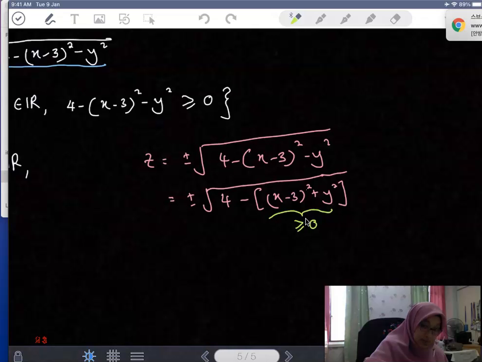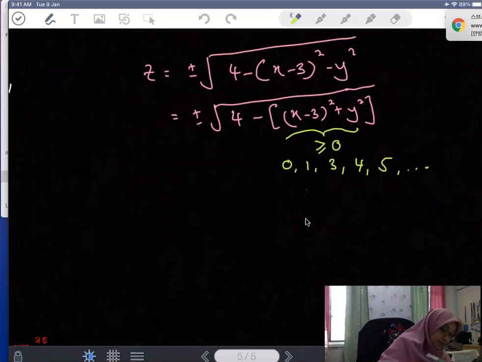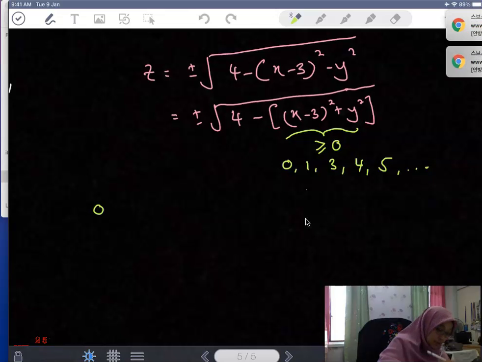As before, we list down the smallest values in the bracket: 0, 1, 3, 4, 5, and many more. Now we want to look at the pattern of the value of z. If the value in the bracket is 0, then z is plus or minus the square root of 4 minus 0, and we get plus or minus 2.